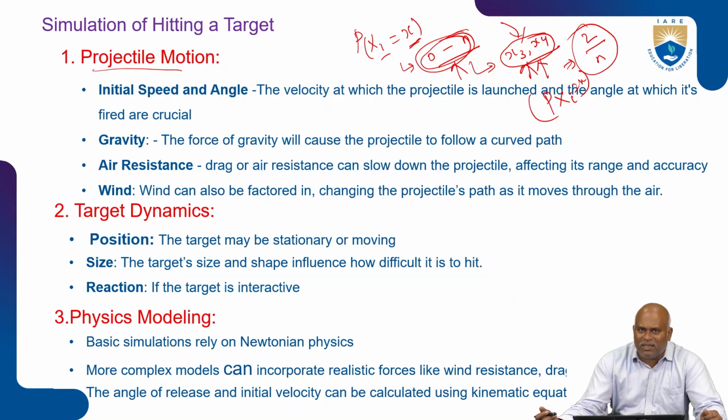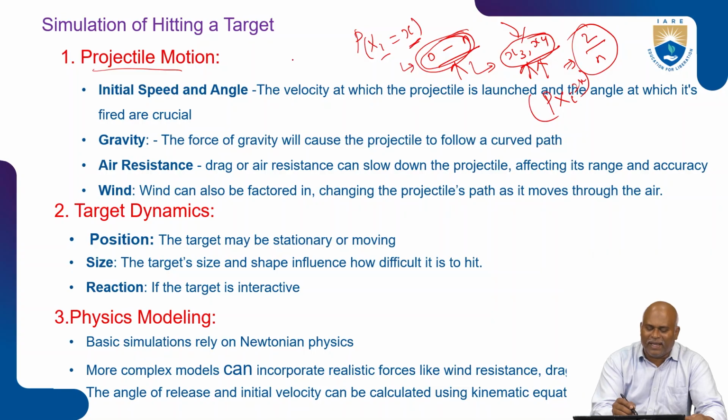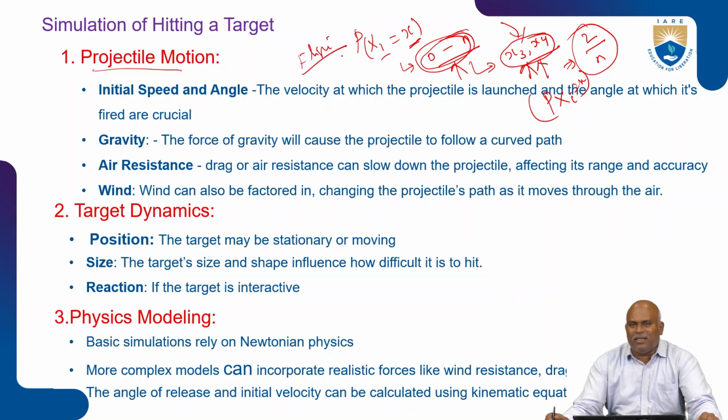We need to find the initial speed and angle. For example, take a flight. This flight travels, moving from one direction to another with some speed. That is called the initial speed and angle.